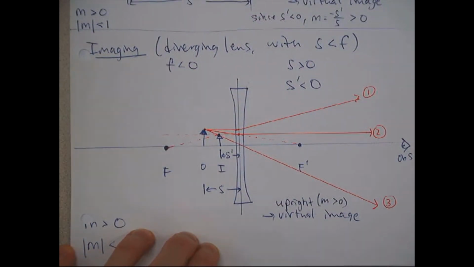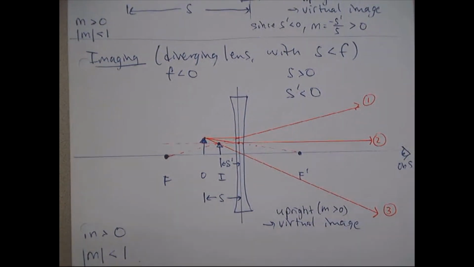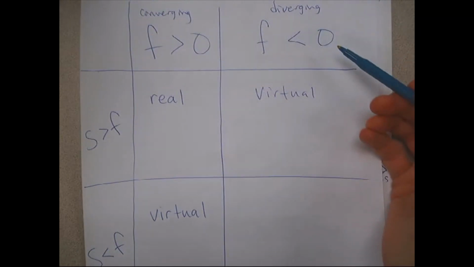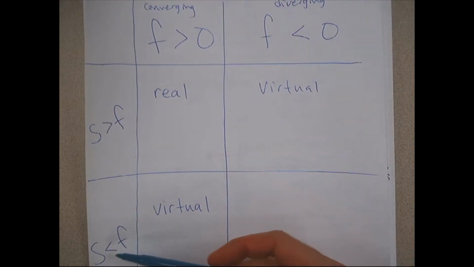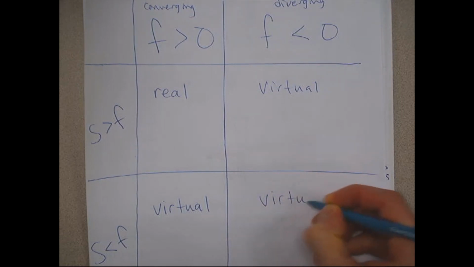The ray diagrams are very similar. And you can fill out the remainder of that four-part table with your diverging lens and object distance smaller than focal length. You still get a virtual image.